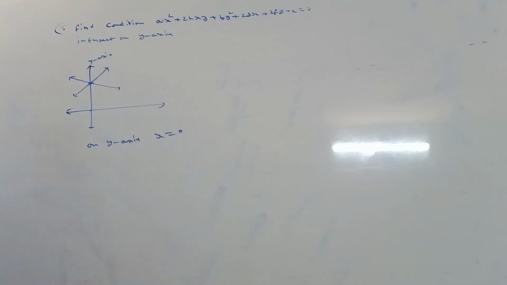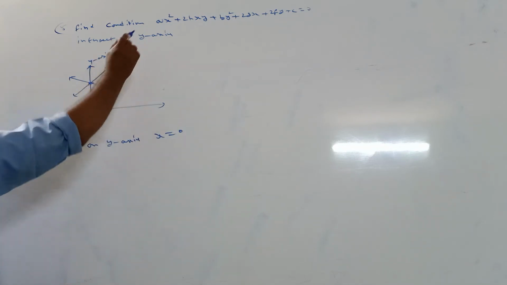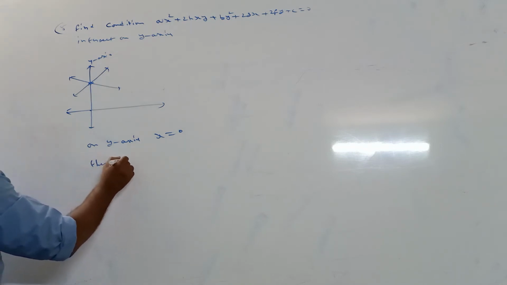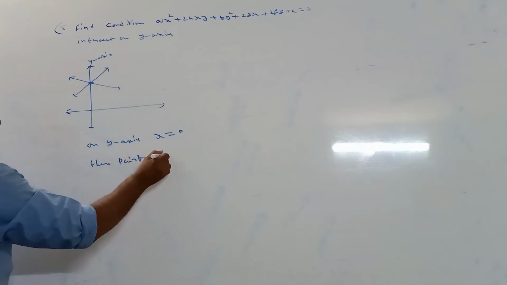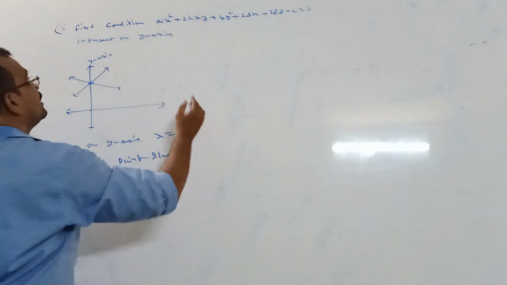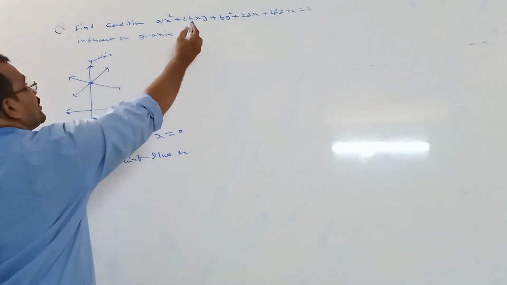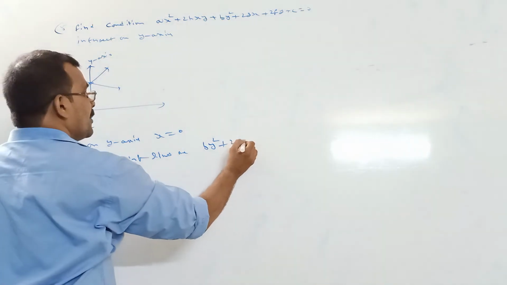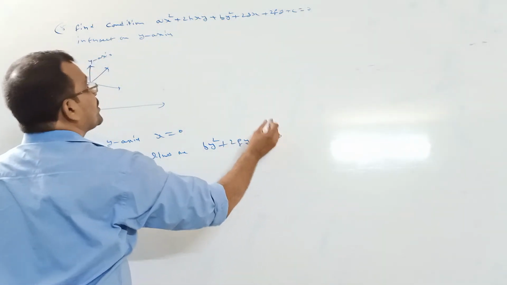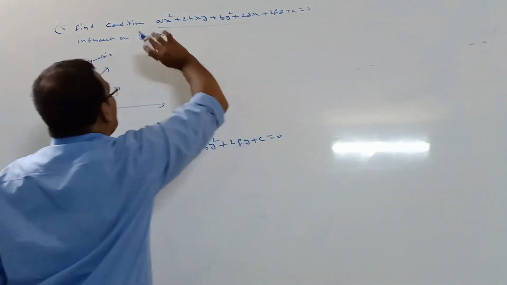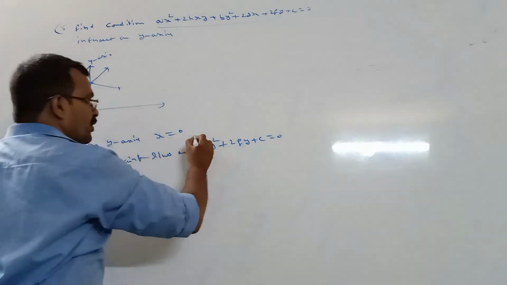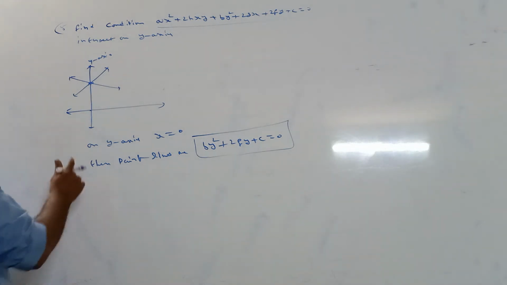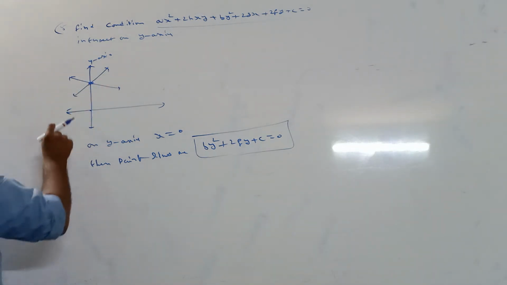x must be 0. Then substitute x equal to 0 in your equation. Then a into 0, 2h into 0, so your pair of lines are by square plus 2fy plus c equal to 0. In our standard equation, put x equal to 0, then you get this. This is one quadratic equation. Here the two roots are equal.